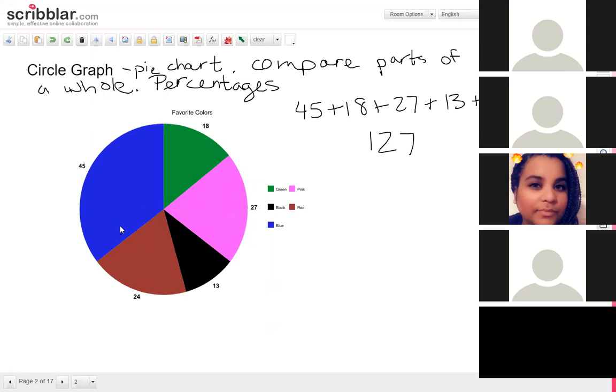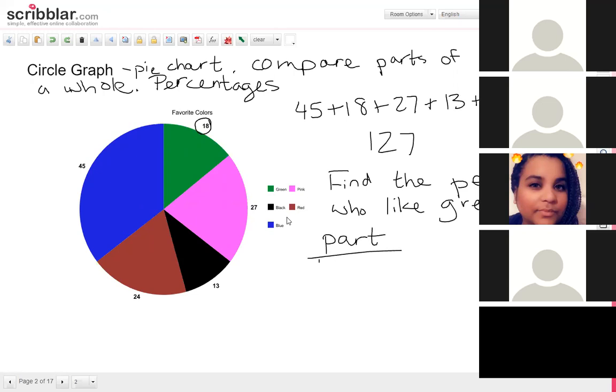To find each percentage, we have to do some division. So let's say we want to find the percent who like green. We're going to take the number of people who like green, so that's the part. Part of our data was the people who like green over the total amount of people.